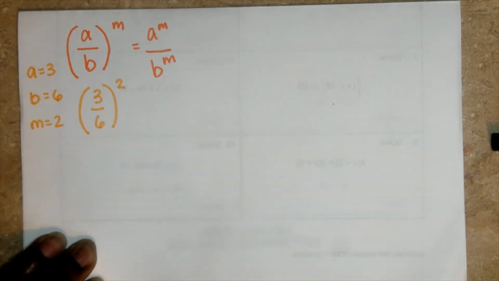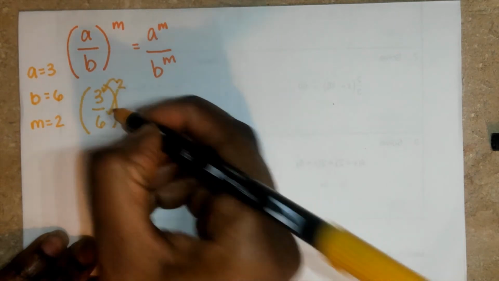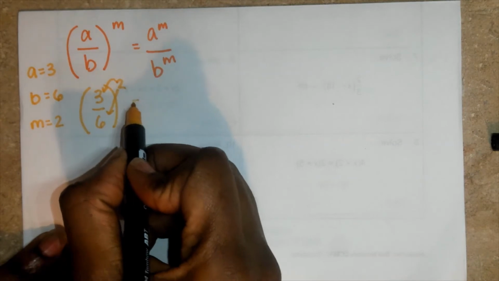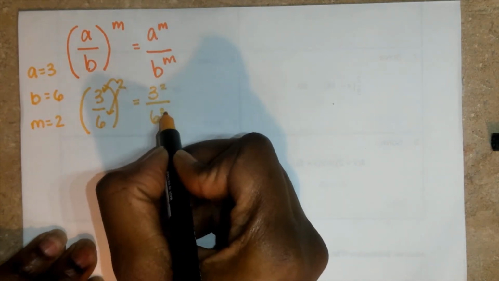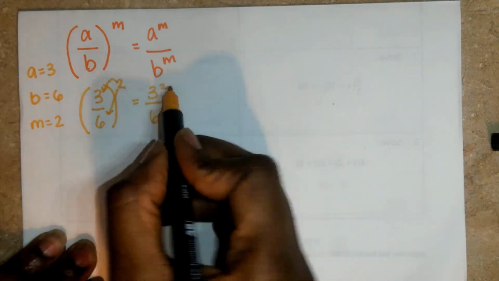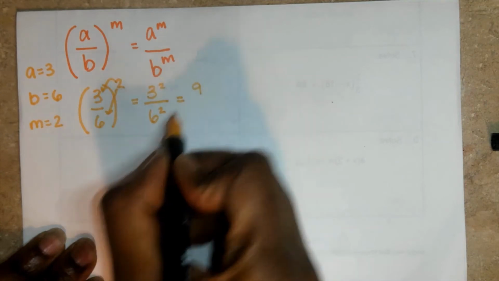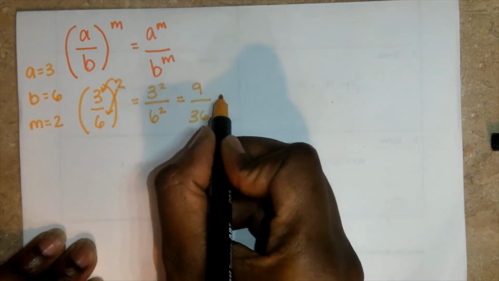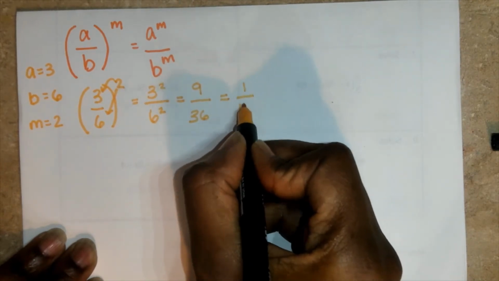Now the power of a quotient property tells me to share that exponent to the top and the bottom, all the terms on the top and the bottom. So what I would get is 3 to the second power on top and 6 to the second power on the bottom. 3 to the second power, or 3 squared, is equal to 9. 6 to the second power, or 6 squared, is equal to 36. And 9 over 36 simplifies to 1 over 4.